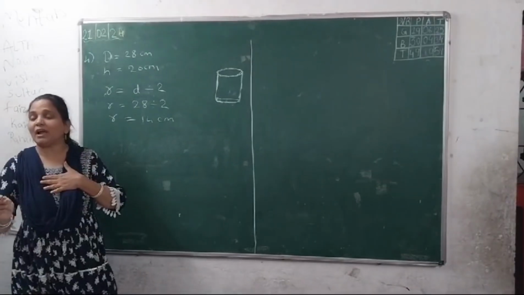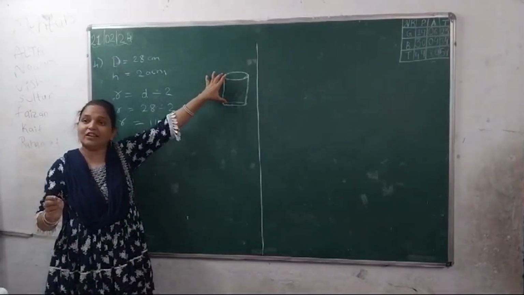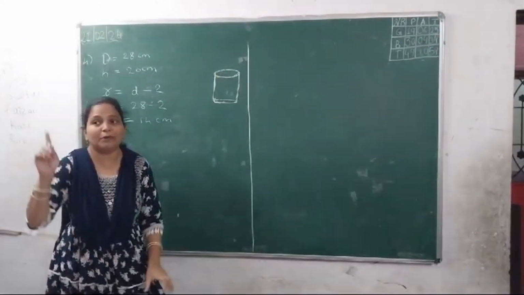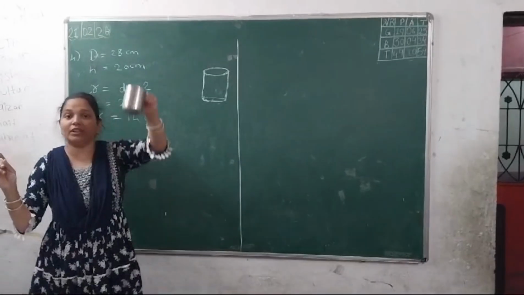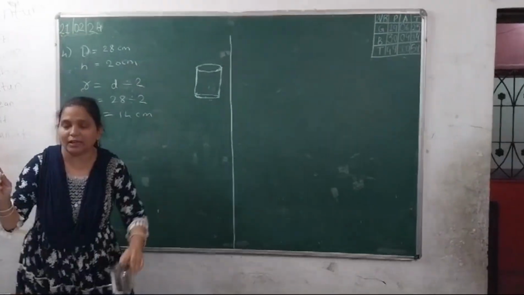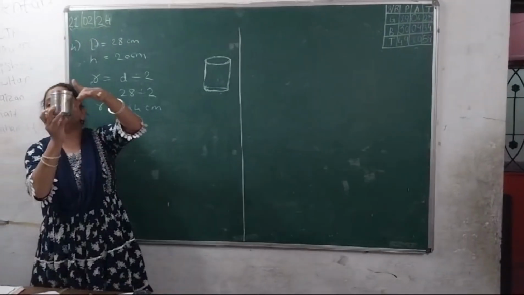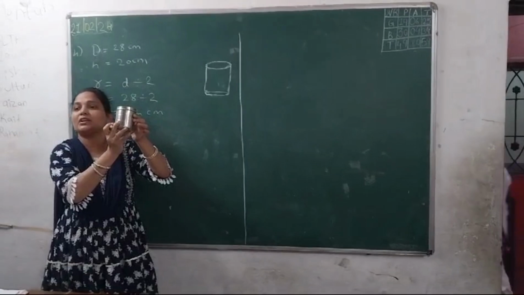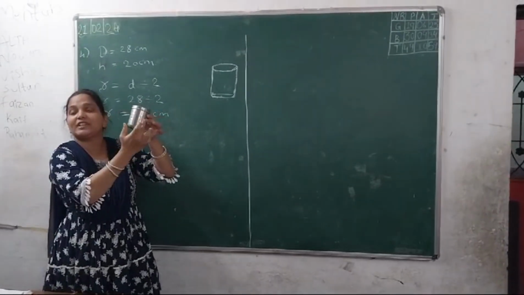Can I apply the formula and find the area of this container only, but not the lid? We are not finding the area of the lid, we are finding only the area of this container. So for finding the area of the container, you can see that there is a curved part. Curved part is there, it means we want curved surface area.